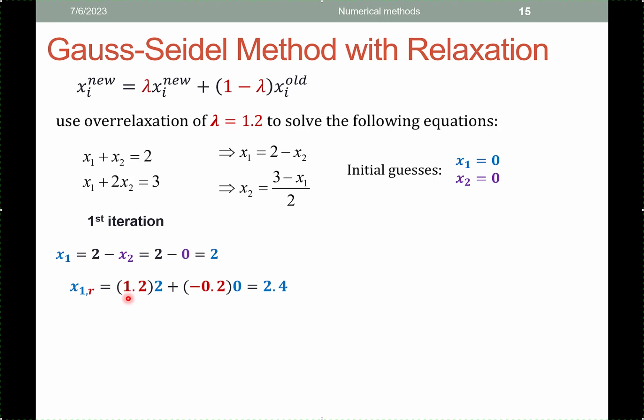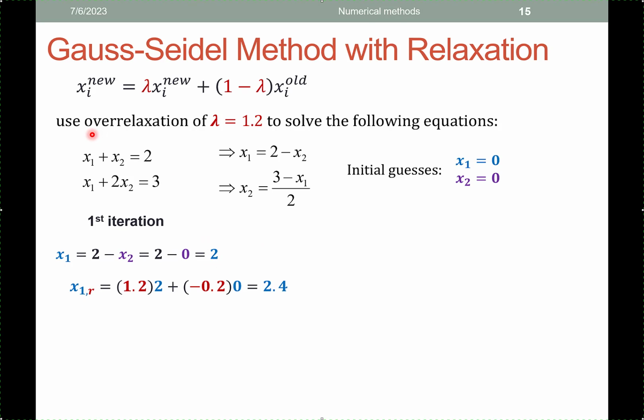So what we get is 1.2 times 2, which is 2.4, plus negative 0.2, which is 1 minus 1.2, multiplied by the initial guess, which is, in this case, 0. So then we end up with 2.4 as our estimate for the solution for x1 instead of 2.